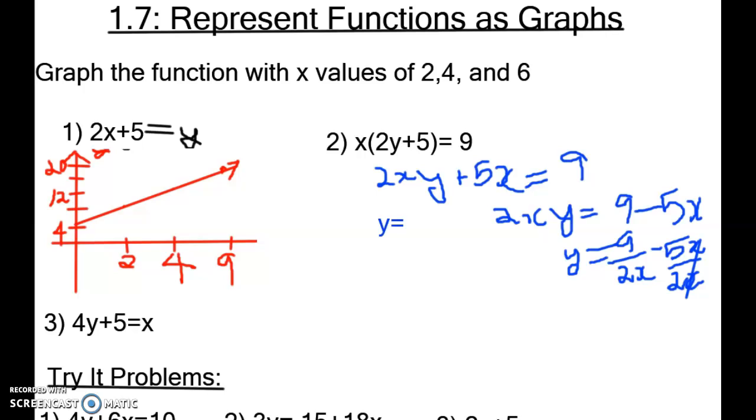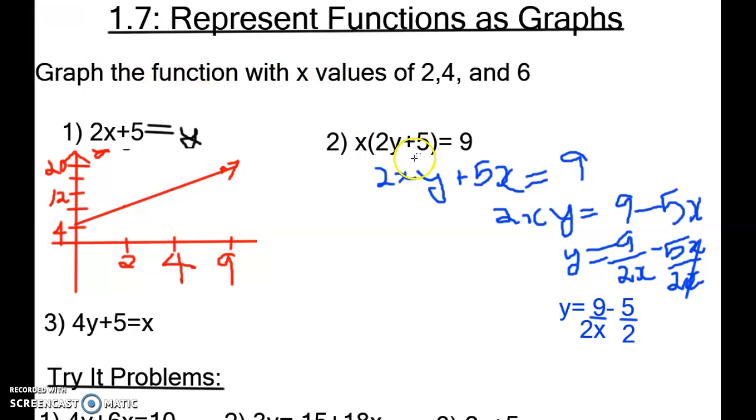And you're left with the equation y is equal to 9 over 2x minus 5 over 2. So that'll be your final equation.